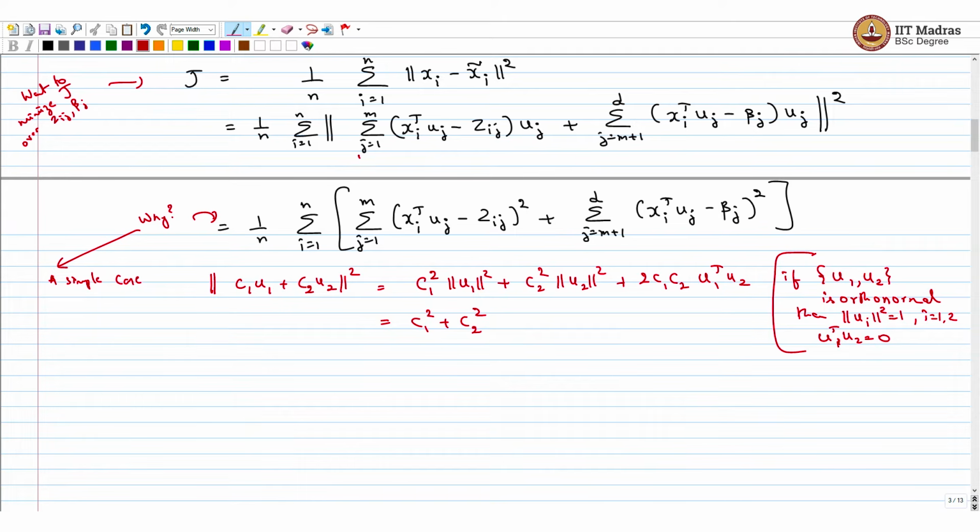Now if you look at this, let me call this term 1 and call this term 2.